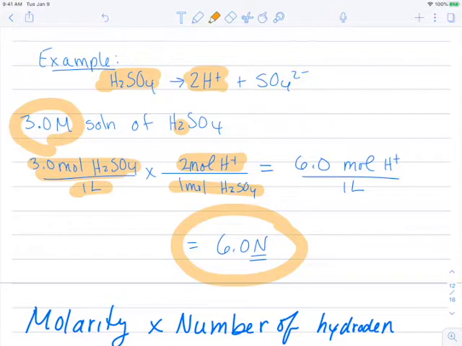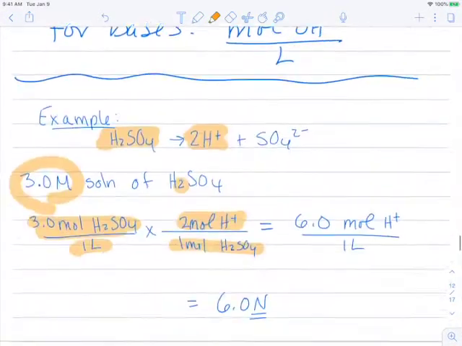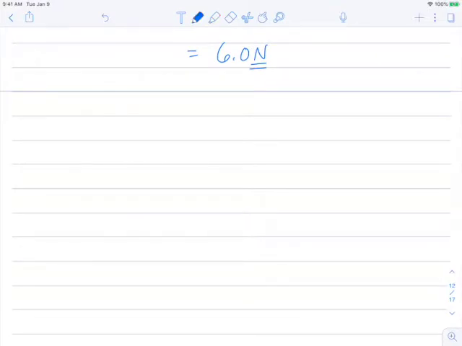So HCl, if I had 3 molar HCl, it would also be 3 normal. Essentially, we're going to get 3 moles of acid out of that HCl, 3 moles of hydrogen ion.